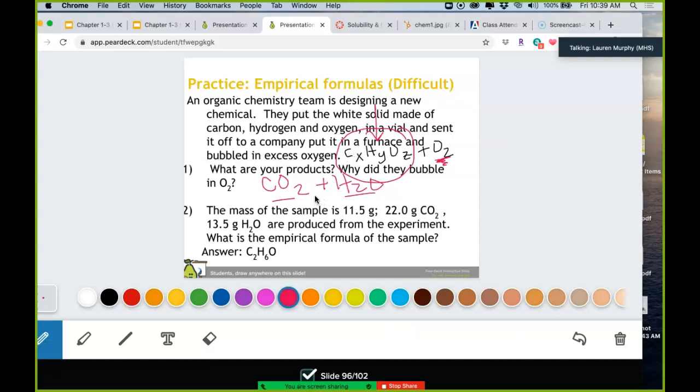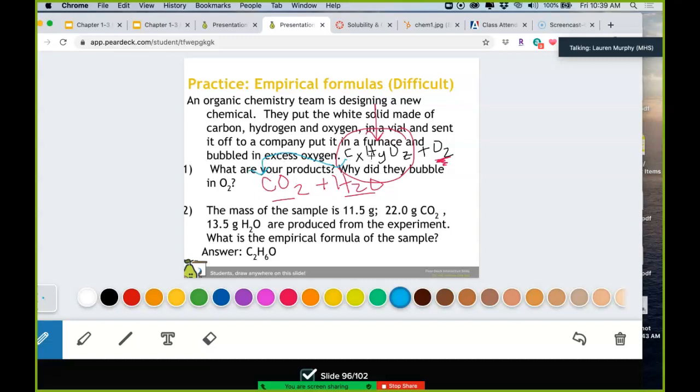There's no rule that says you can only do stoichiometry from reactants to products. You can absolutely, if you know information about the products, figure out things about the reactants. So here's my point. If they're trying to tell you that this completely combusts, it means that all of the carbon in this compound turned into the carbon in carbon dioxide because there's no other carbon anywhere as a product.